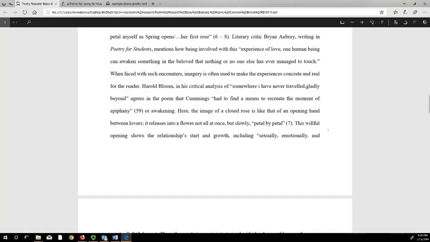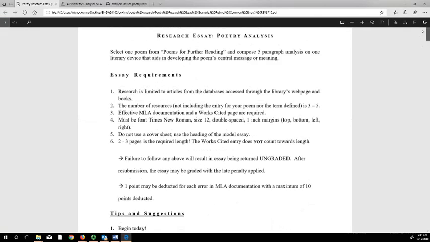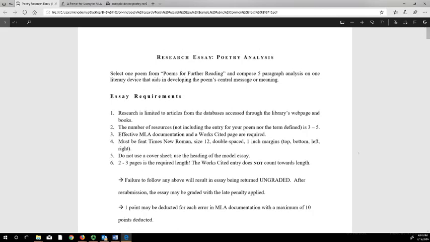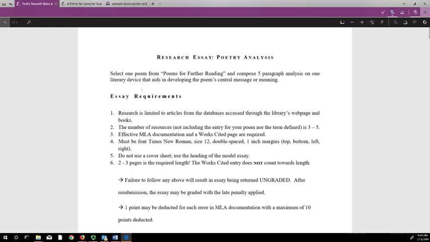Now, when we take a look at the handout for the poetry research essay, what are we doing here? We're selecting one literary device to analyze in one poem.